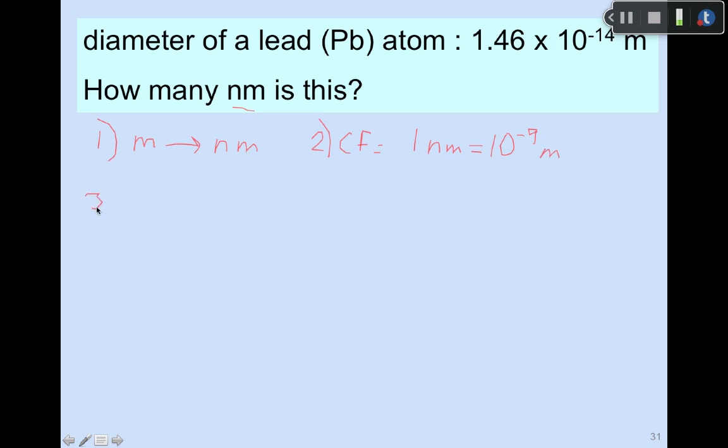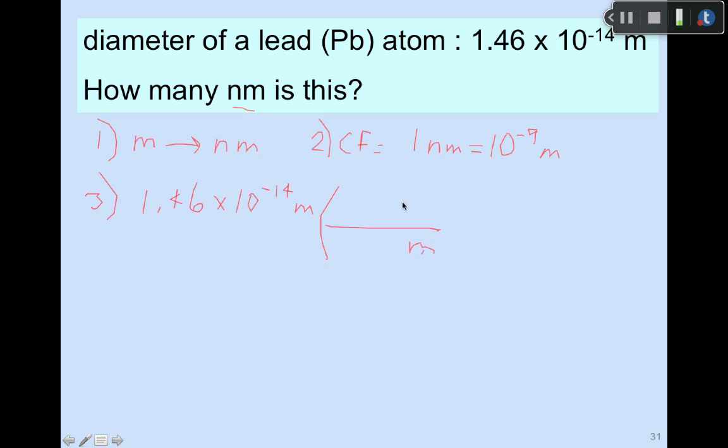All right, set up the problem, and we'll use the value given, 1.46 times 10 to the minus 14 meters. Thankfully, it's in scientific notation; we wouldn't want to do this without powers of 10 because it would be very clumsy with lots of zeros. Now we'll set this up so that the meters are on the bottom where they'll cancel.